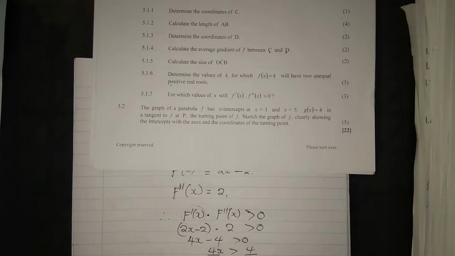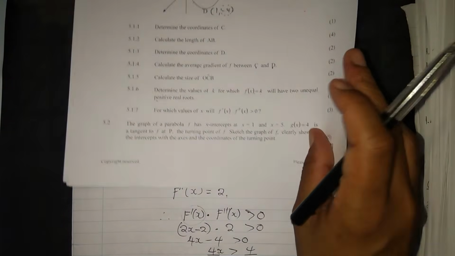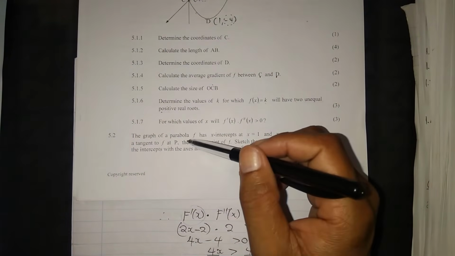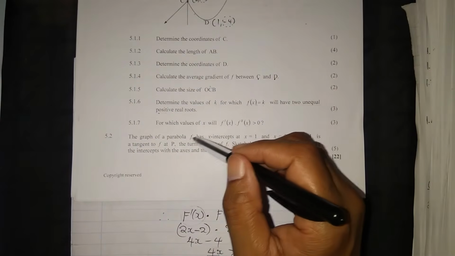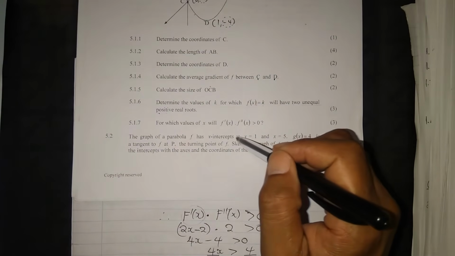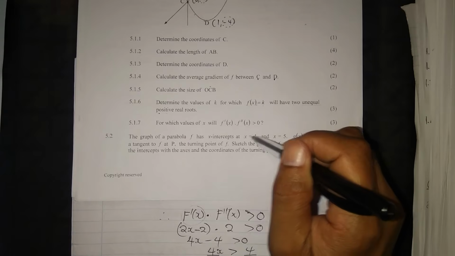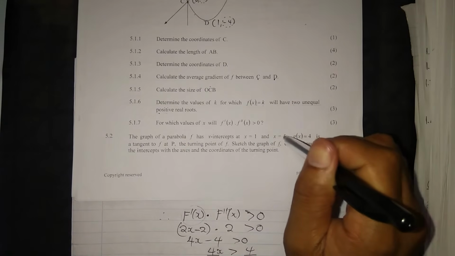So 5.2 is for the graph, but the graph of a parabola f has x-intercepts at x equal to 1 and x equal to 5.